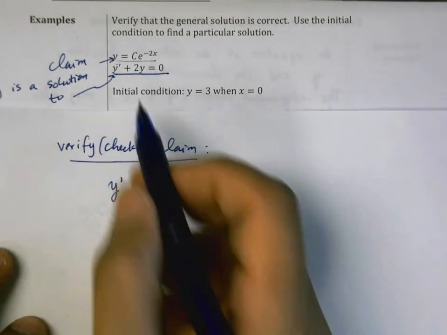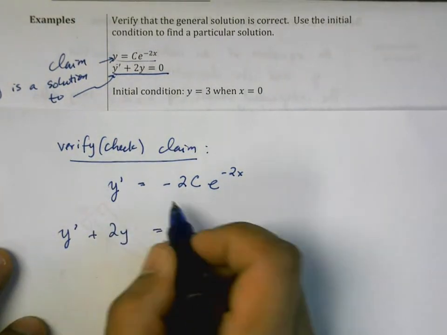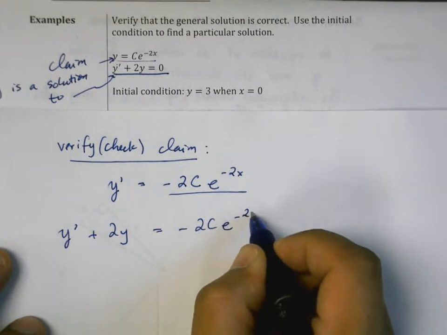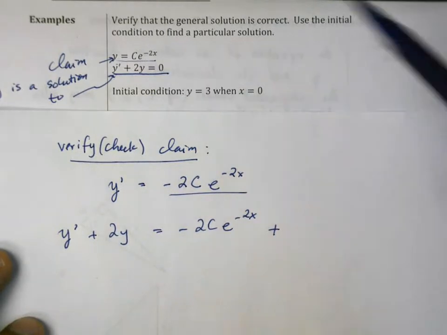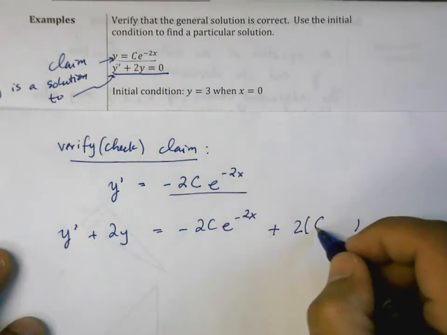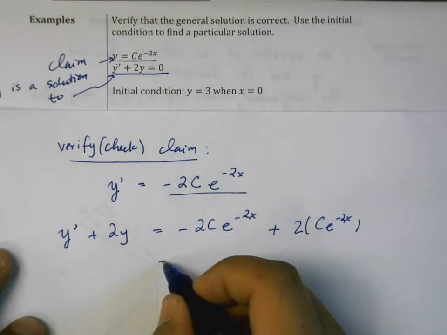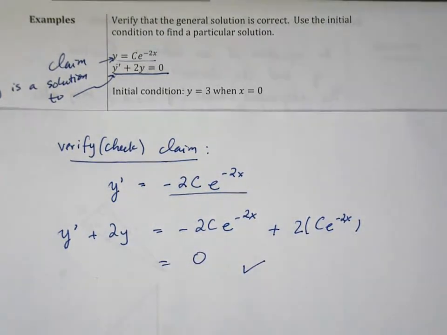And if we apply it to this particular equation, y prime plus 2y is equal to negative 2c e to the negative 2x plus 2y, so that's 2 times c e to the negative 2x. That does in fact equal 0. So done, claim has been verified.